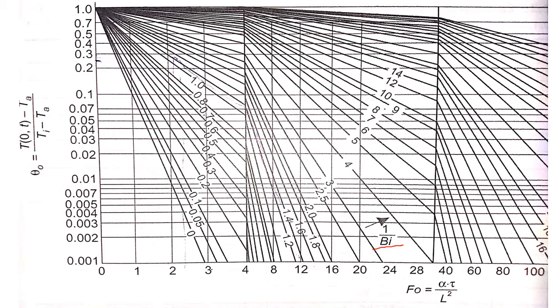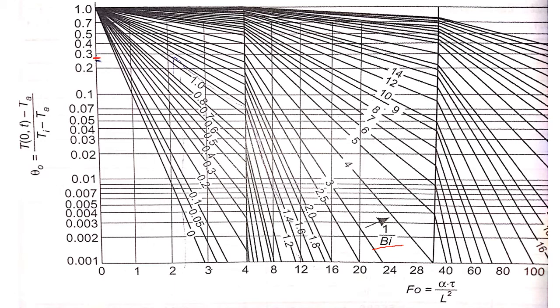Already we have calculated T minus Ta divided by Ti minus Ta as 0.268. So here it is 0.1, 0.2, somewhere 0.25, 0.26. See here, 0.268, somewhere I can get 0.27.